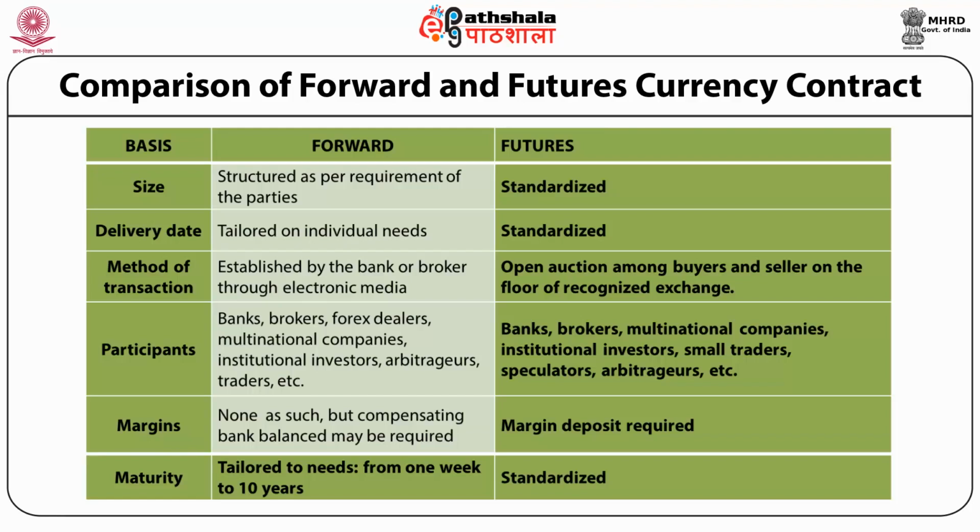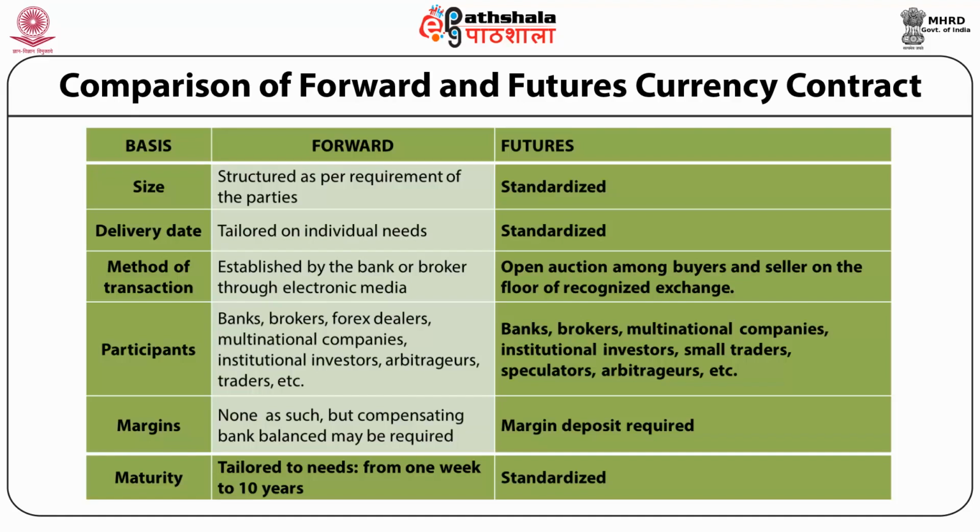On the basis of size, forward contracts are structured as per the requirement of the parties, and futures contracts are standardized. On the basis of the delivery date, forward contracts are tailored on the basis of individual needs, whereas futures currency contracts are again standardized.